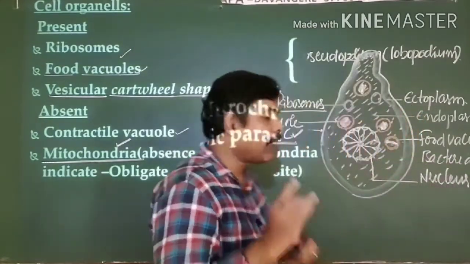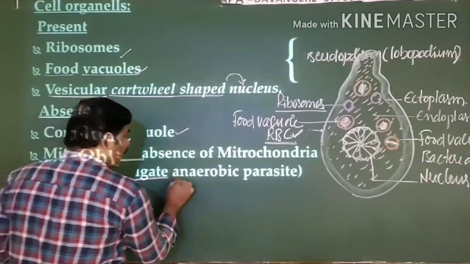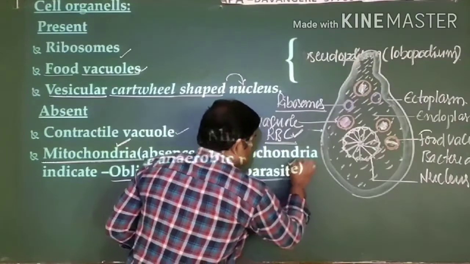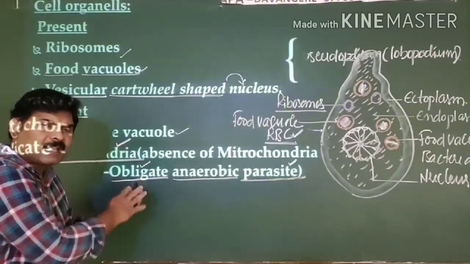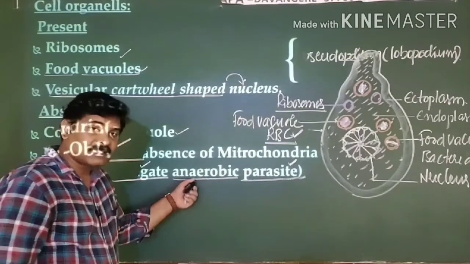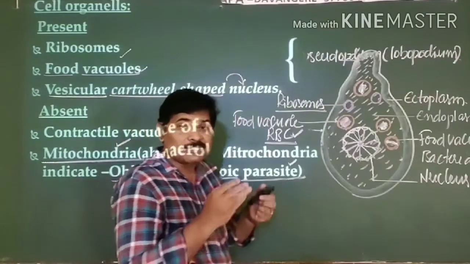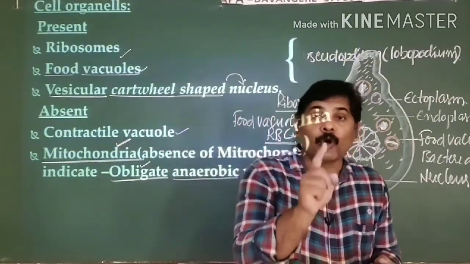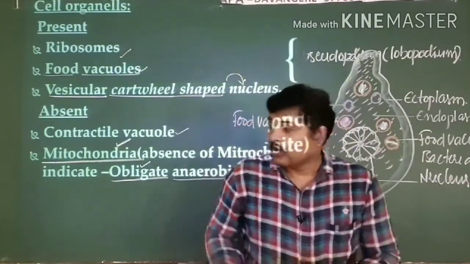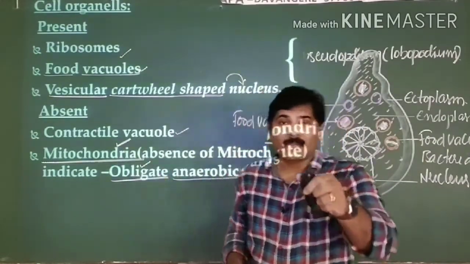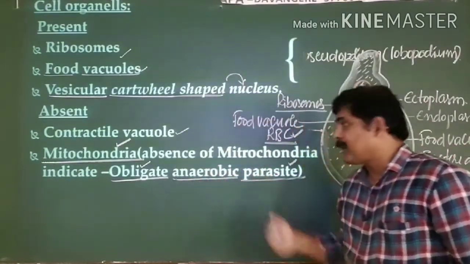Obligate means compulsory, mandatory. Anaerobic means absence of oxygen. So this parasite lives only in the absence of oxygen; in the presence of oxygen it cannot survive.